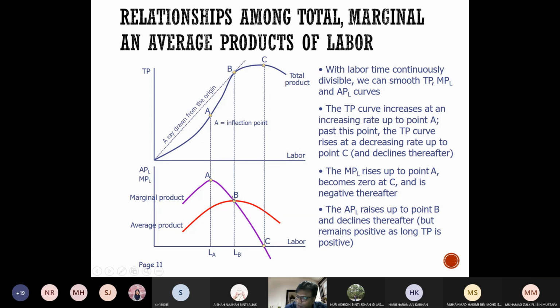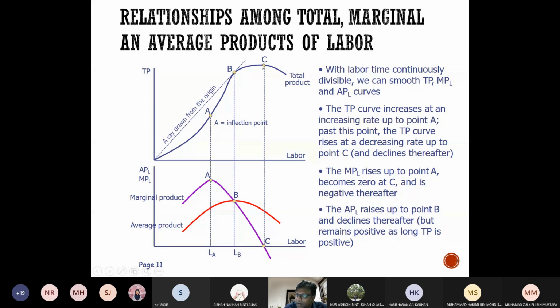It passes through B in a decreasing stage and stops at point C. That means there is no change in production at that point. It is flat, there are no changes.